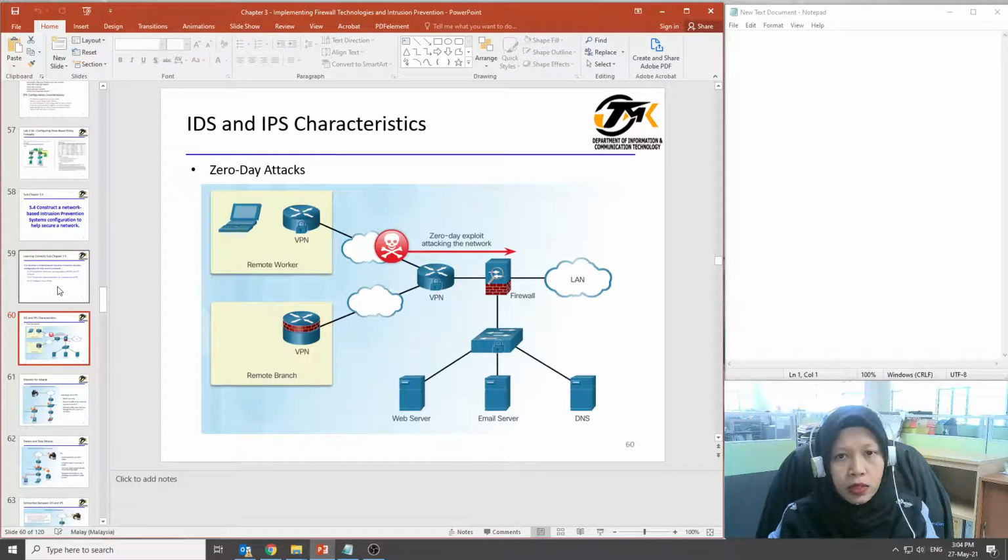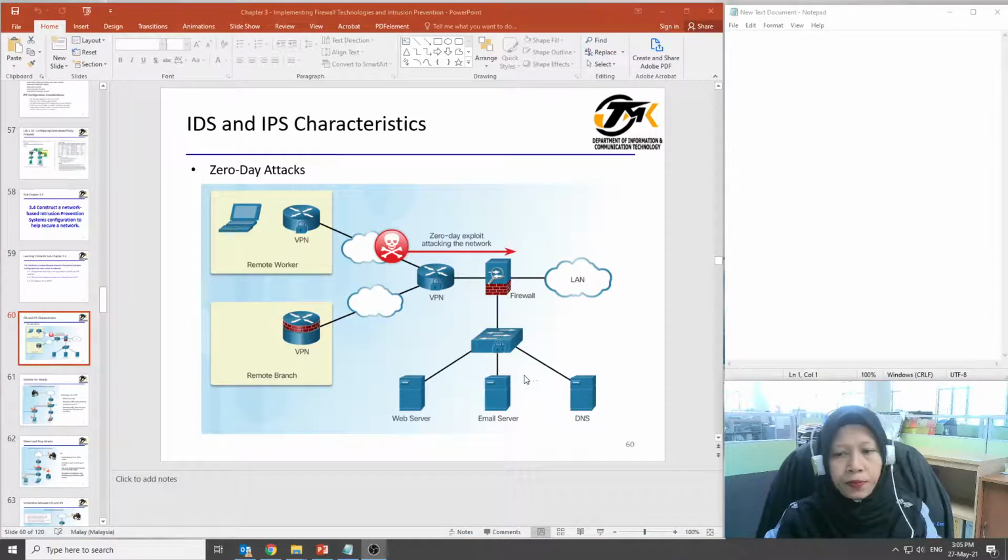Alright, so this is the example of IDS and IPS characteristics. As you can see here, the first is zero-day attack. It means the IDS and IPS should be able to detect zero-day attacks.